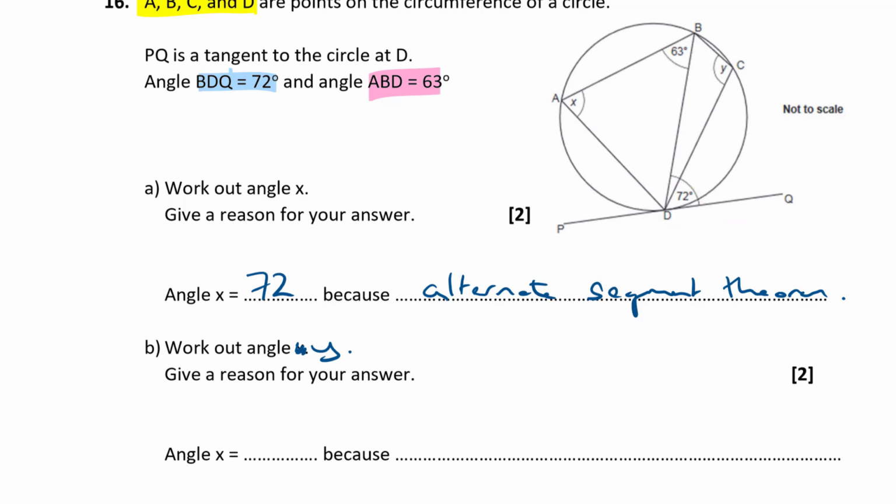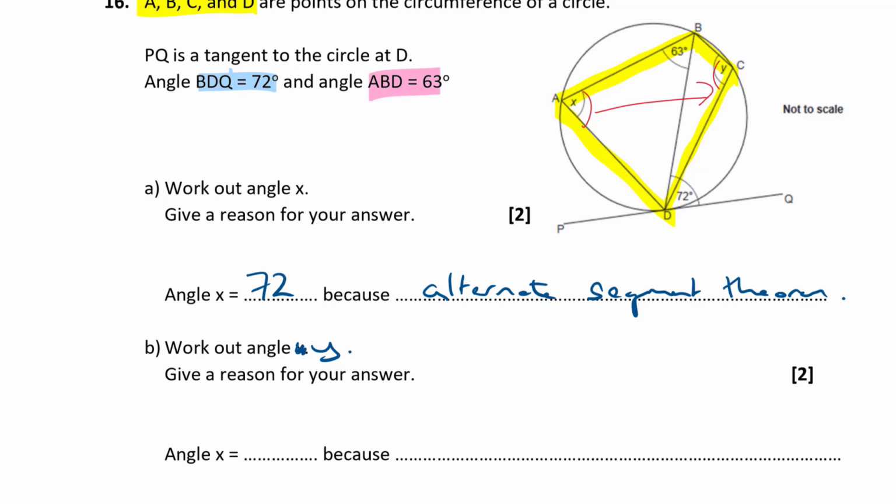But we said that ABCD is a cyclic quadrilateral, and X and Y are opposite angles in a cyclic quadrilateral. So you should know that opposite angles in a cyclic quadrilateral add up to 180.